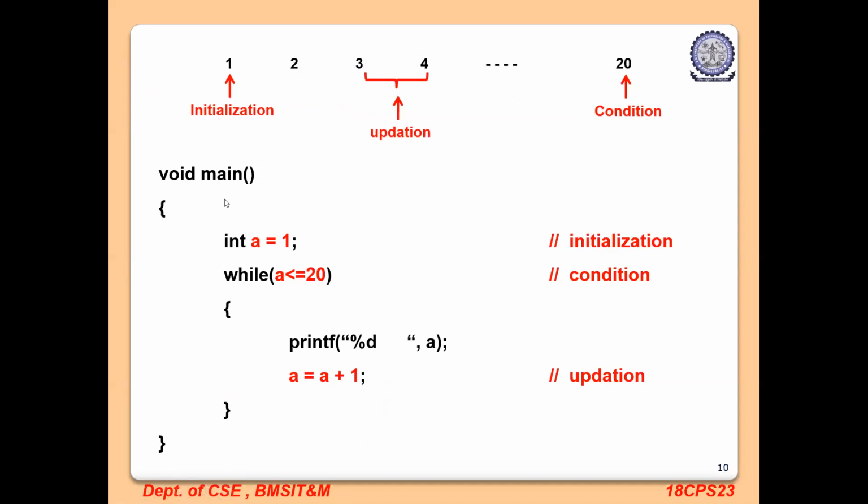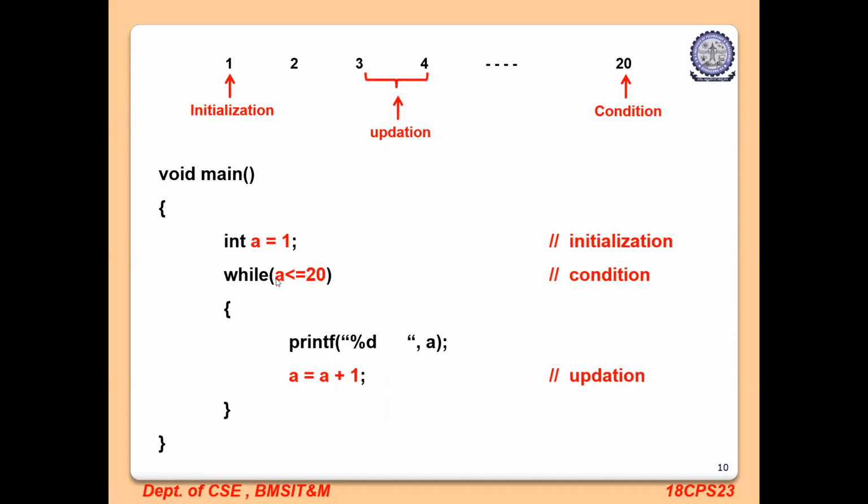So here we can see the main function. This is the initialization statement. Here I'm declaring a variable called a, which is of type integer, and I'm also initializing it to 1. This is the while loop.